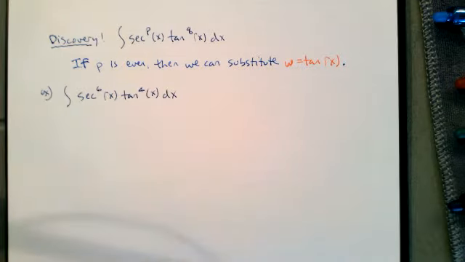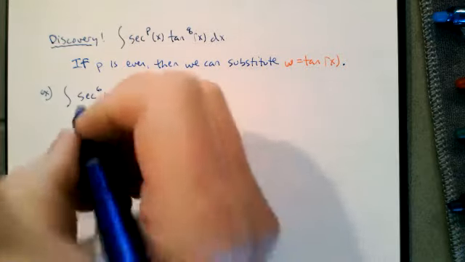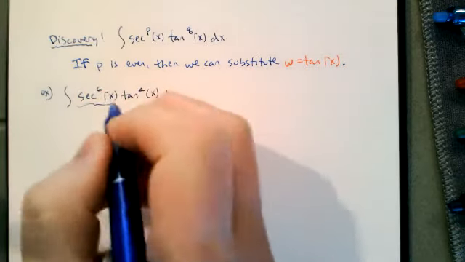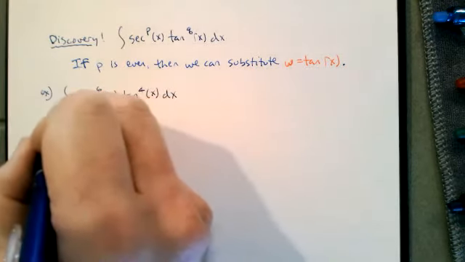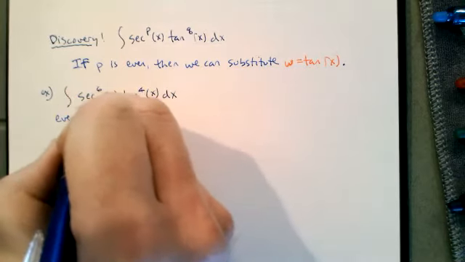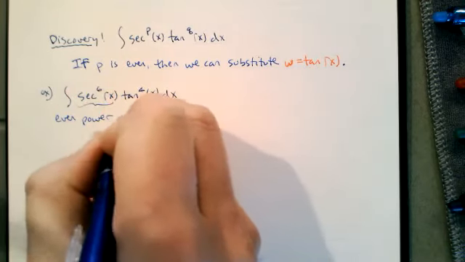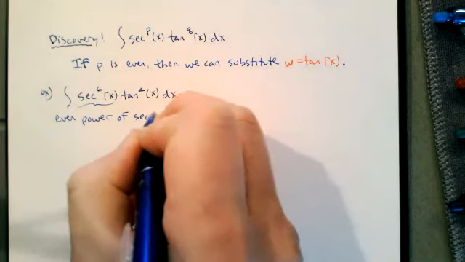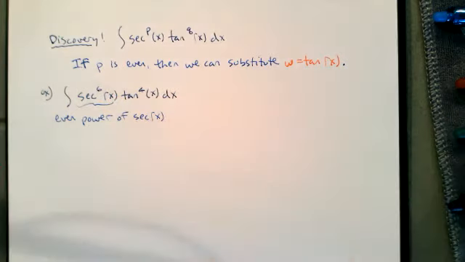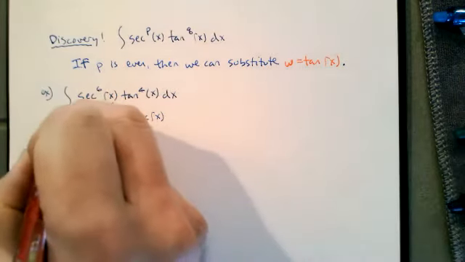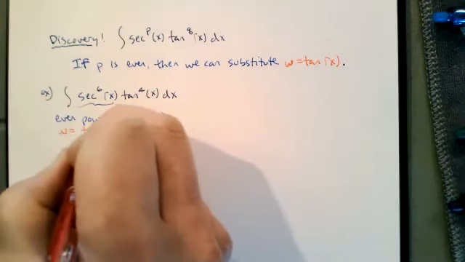So we see an even power of secants. That means w equals tangent is on the table as a possible substitution. This is where we make our decision. Even power of secant x says that we can make the substitution w equals tangent x.